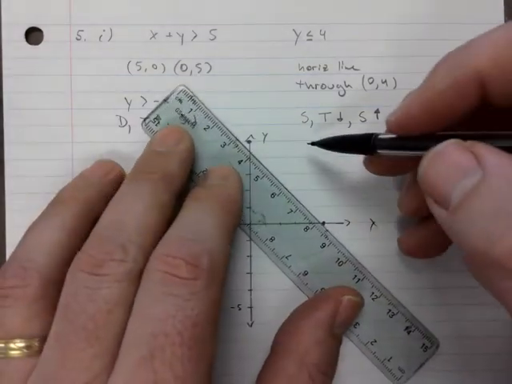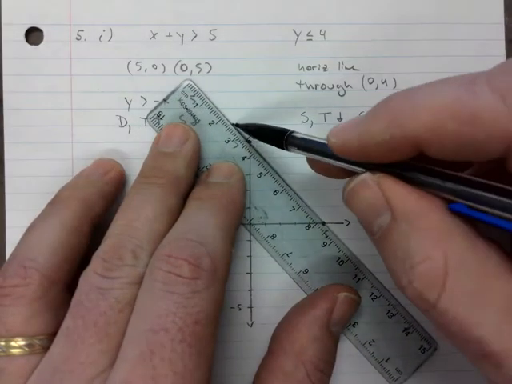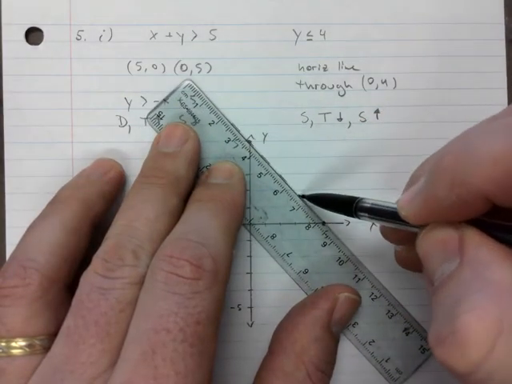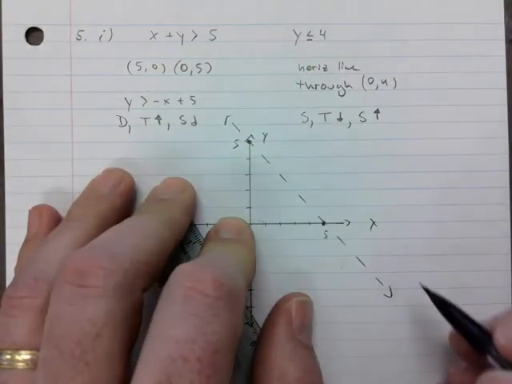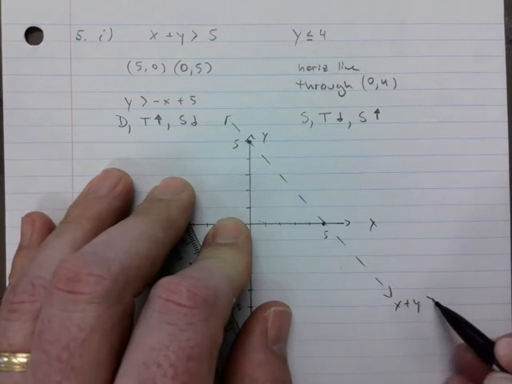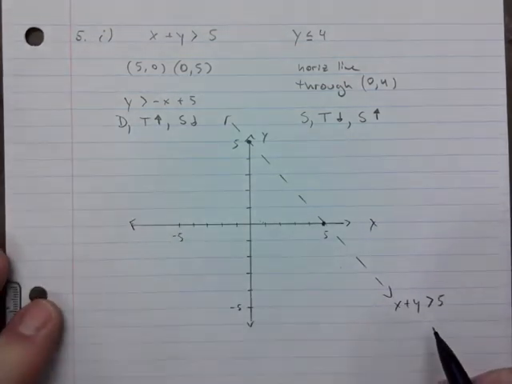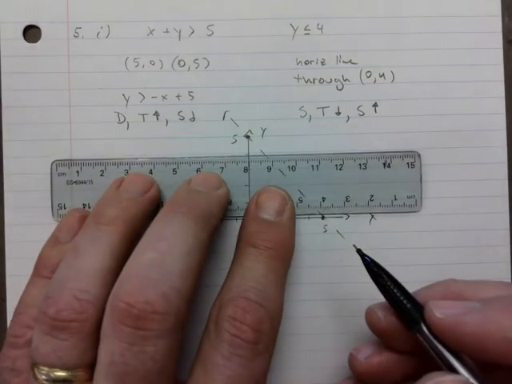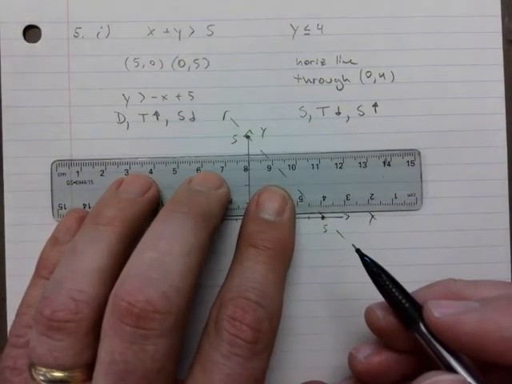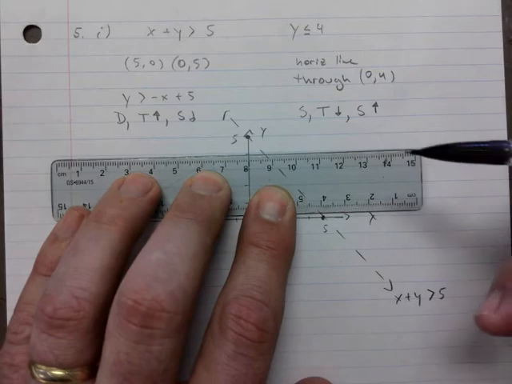It's a dashed line. X plus y is greater than 5. And here we have the line 0, 4, which is a solid line.